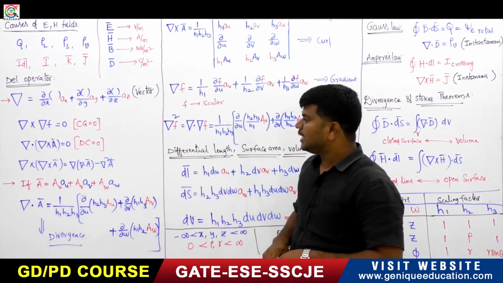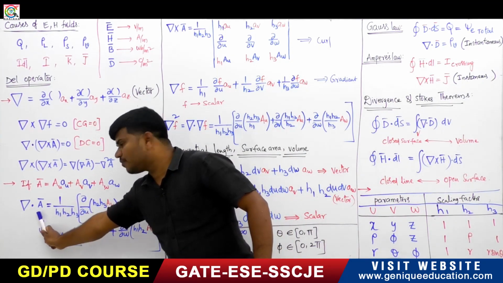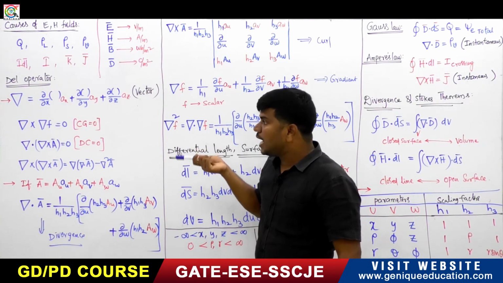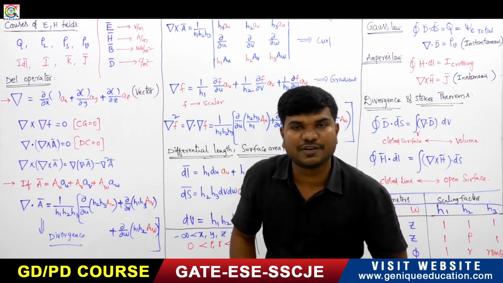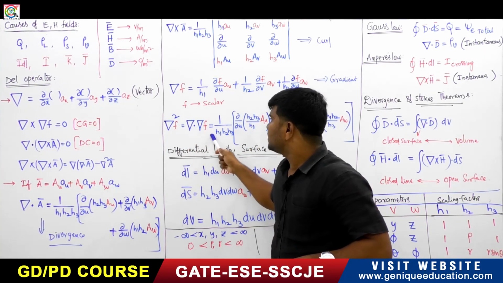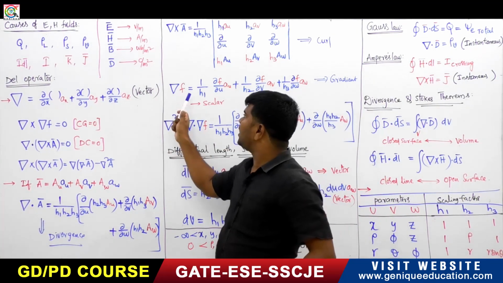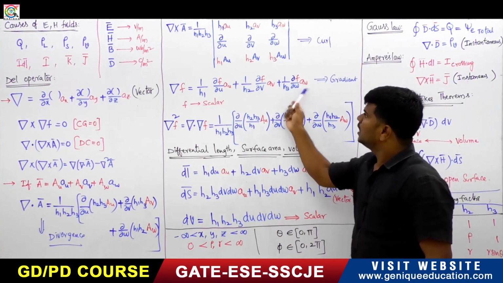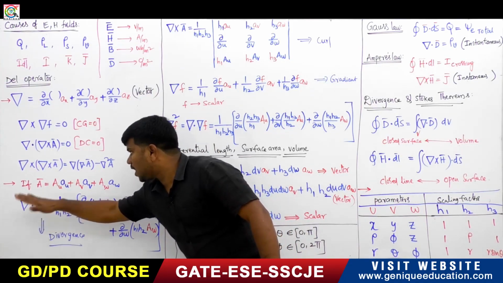Suppose the del operator is operated on a vector, it can be in the form of a divergence, or in the form of a curl. If the del operator is operated on itself, that becomes the Laplacian operator. If the del operator is operated on a scalar, it is called the gradient operation.